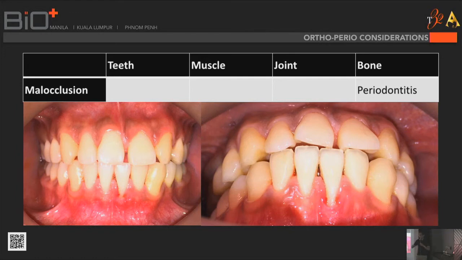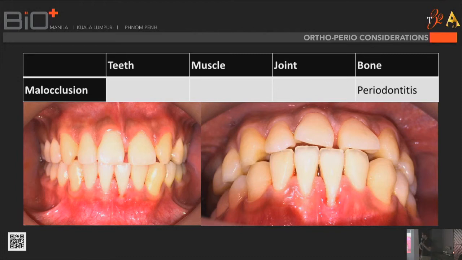Now, in the contemporary world, when you show this to a GP or even an ortho or some perios, they think this is a perio situation. We have to fix that, and this is not an ortho problem. Ortho is going to be last because we have to rehab first. We have to make this healthy.